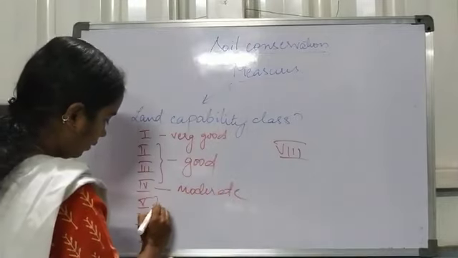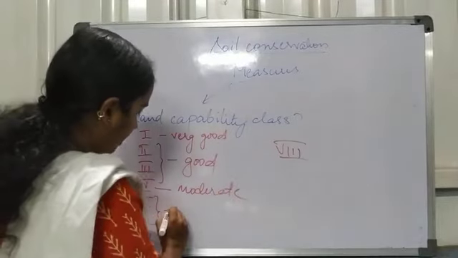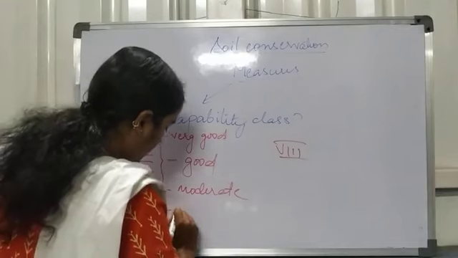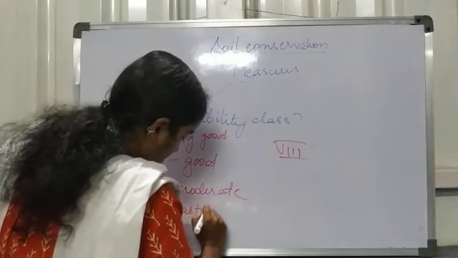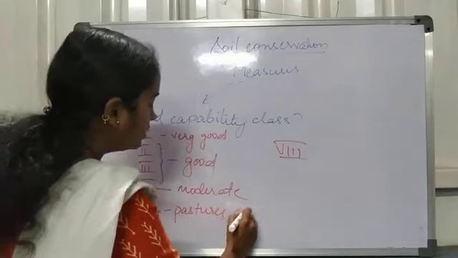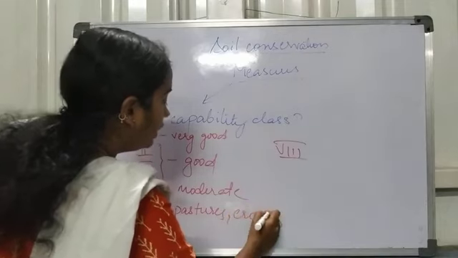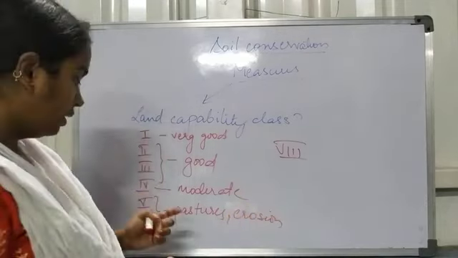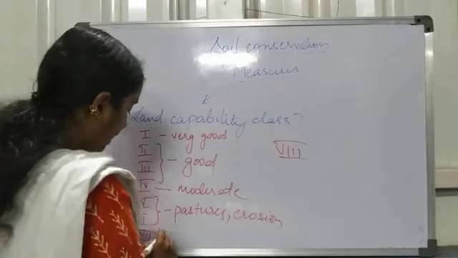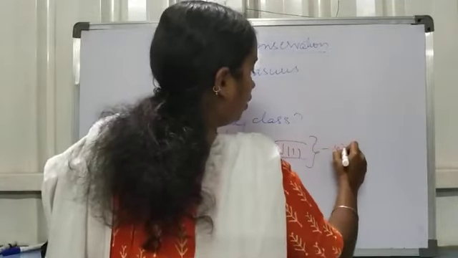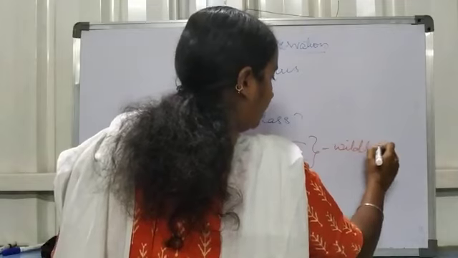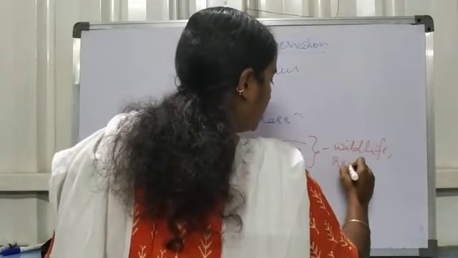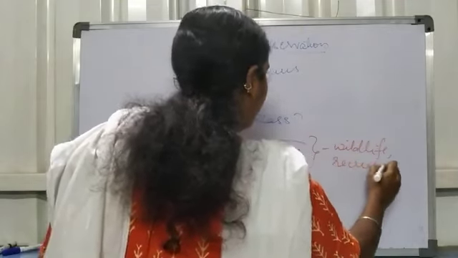And fifth and sixth are mainly used for pastures, and erosion is one of the important limitations of the 5th and 6th classes. And 7 and 8 are used for wildlife and recreation of the land.